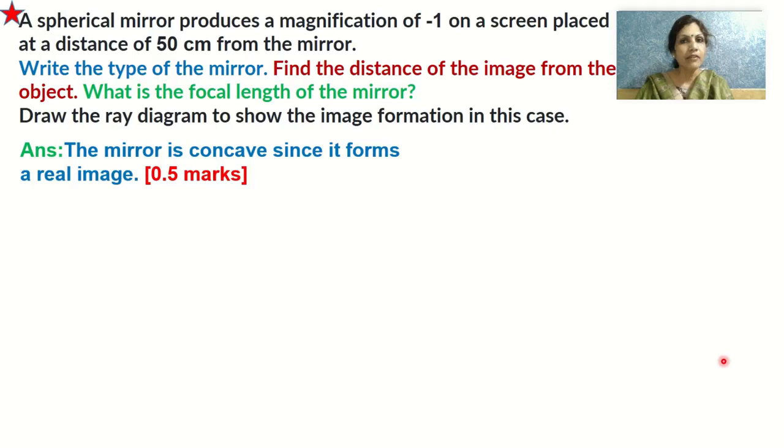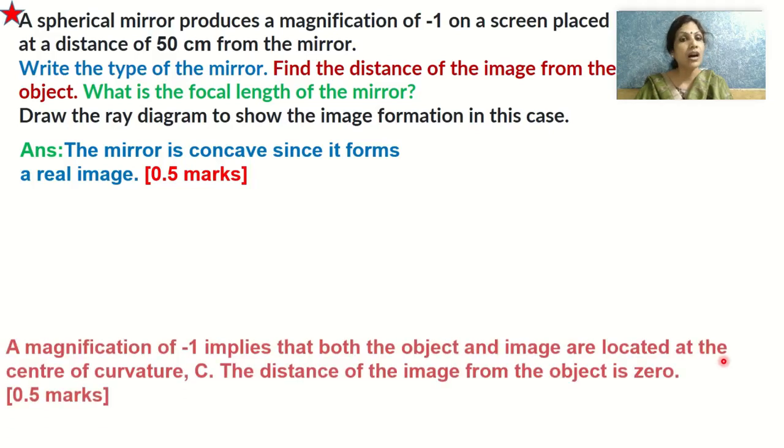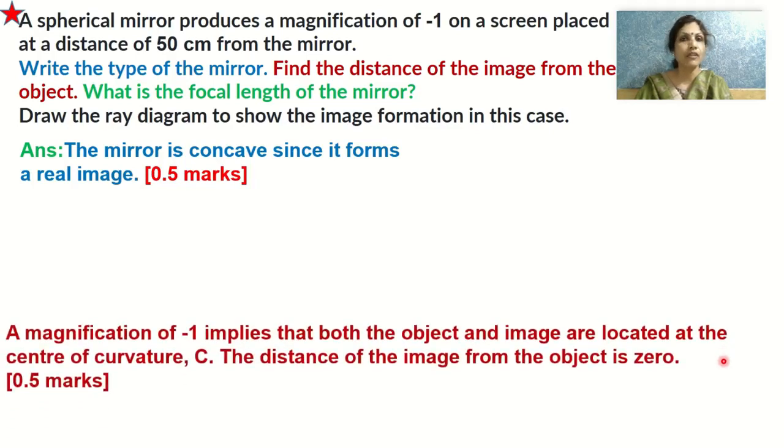Now magnification is -1. That indicates that both the object and the image are placed at center of curvature, that is C. Alright, and the distance of image from the object in that case will be 0 because both image and the object is at the same place, that is at center of curvature.